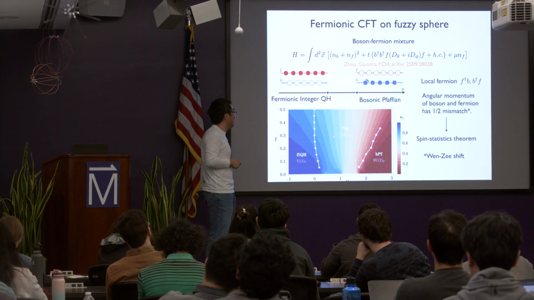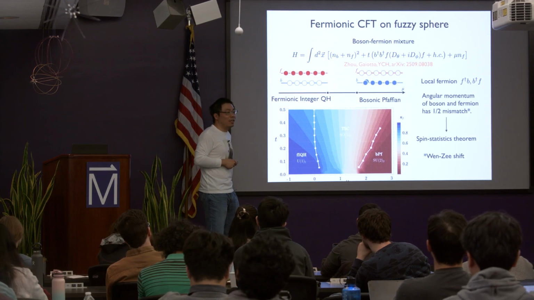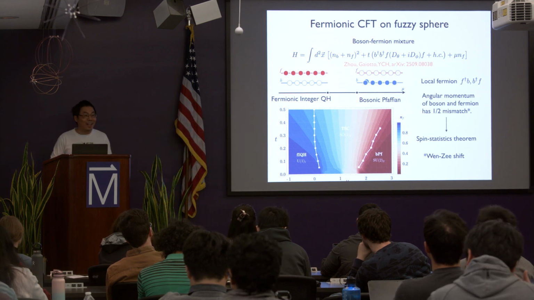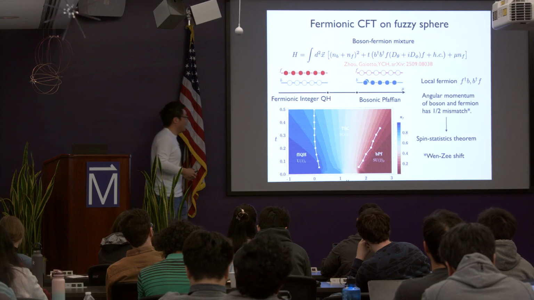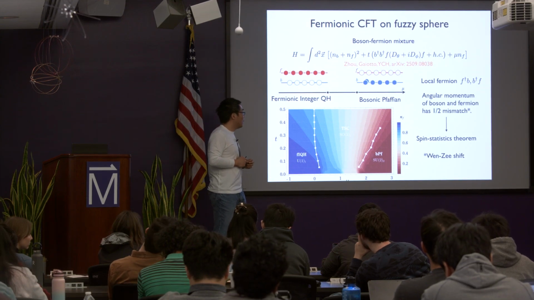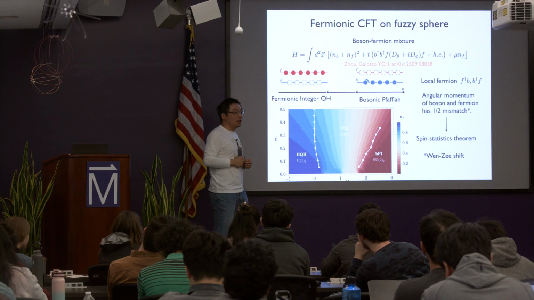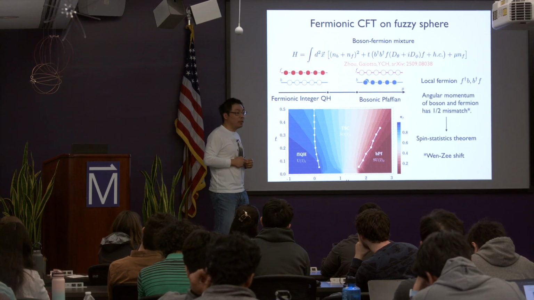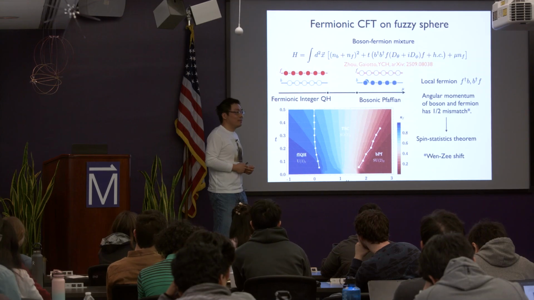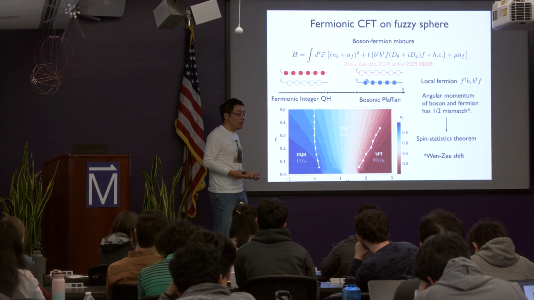To a theory friend, I would just call it SU(3) level 1, but I think most people will feel off if we call it that way. But the thing is that there's no spontaneous symmetry breaking. It's a fully gapped phase.